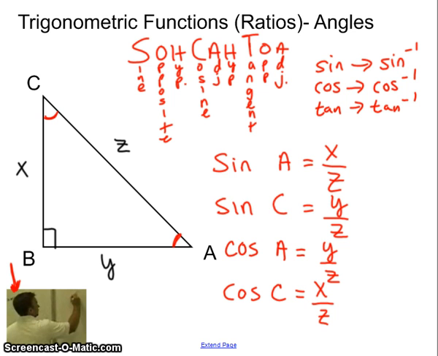Kind of similar to the opposite of addition is subtraction, the opposite of multiplication is division, or I should say inverse, the inverse of squaring is square root. So the inverse of tangent is tangent inverse. Pretty convenient.